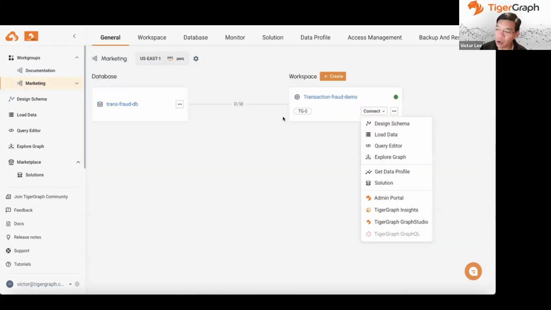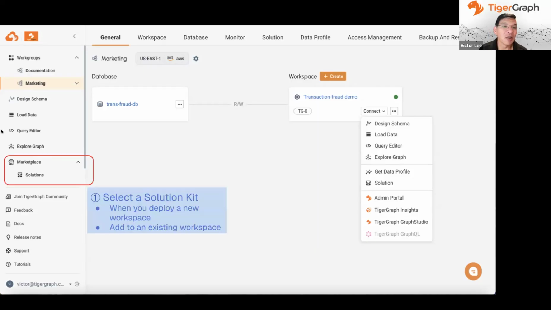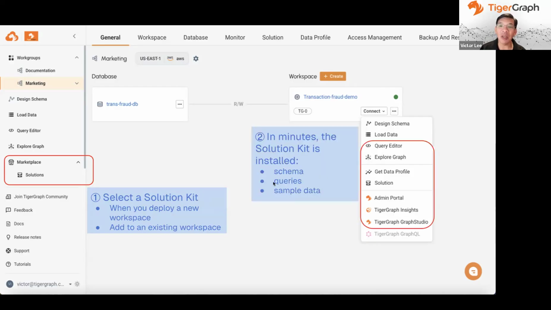Within TigerGraph Cloud, Savannah, our cloud offering, you can, from the marketplace, select one of the 9 solution kits. You can actually deploy it at the same time that you're deploying a new workspace, or you can add it to an existing workspace. And then within just a few minutes, you will have the kit installed on your workspace.